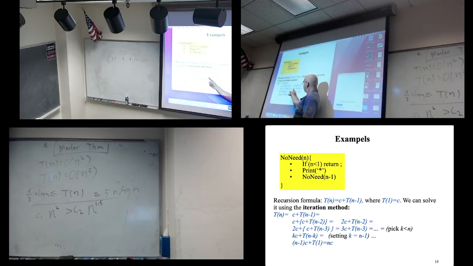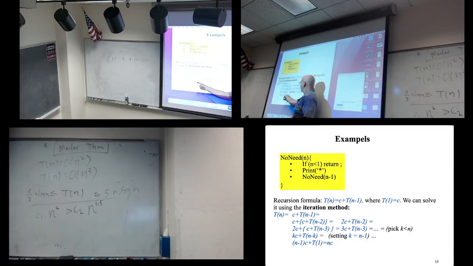I'm collecting k times this constant, plus left with T of n minus k. If you believe me so far, put k to be n minus 1, and what you get? n minus 1 times the constant plus T of 1.